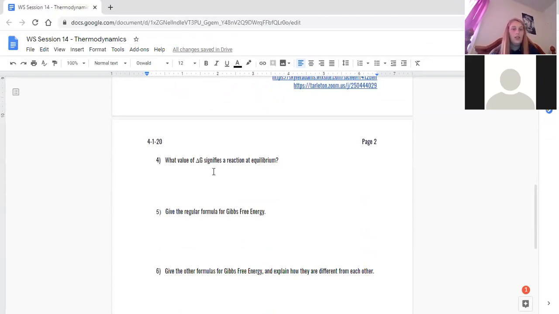What value of delta G signifies a reaction at equilibrium? Sorry, computer's causing me problems.